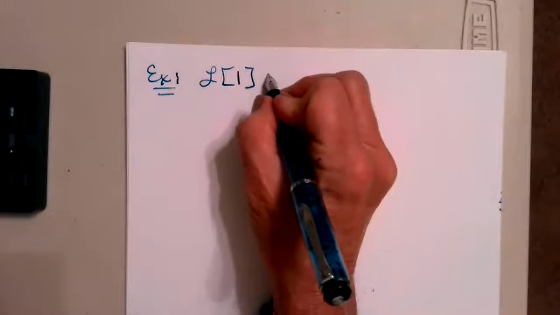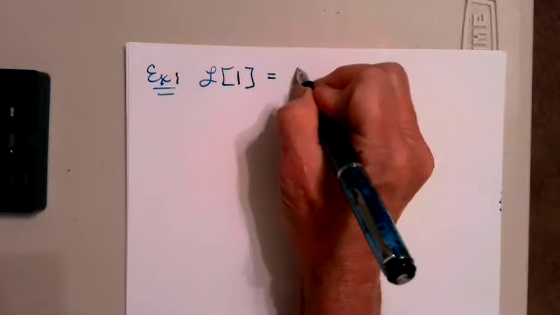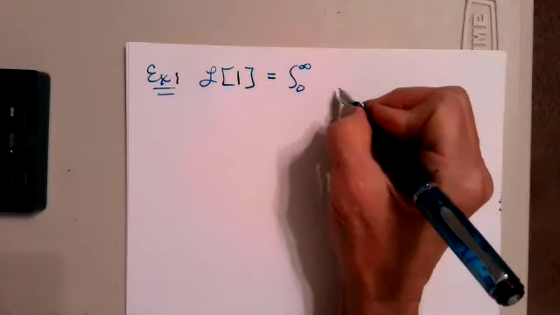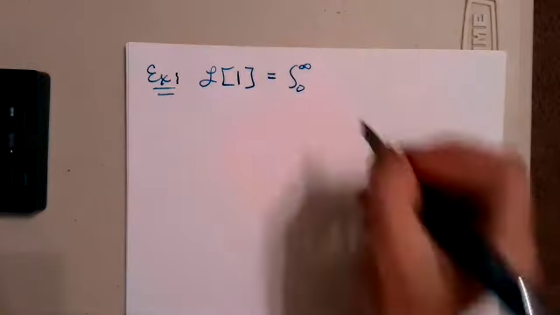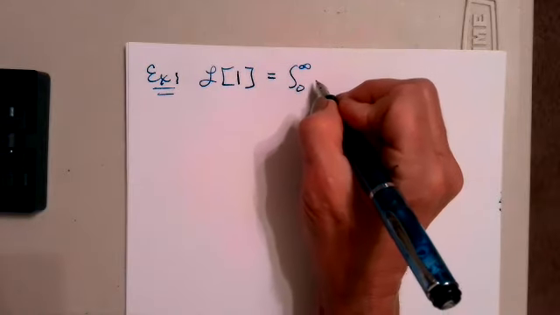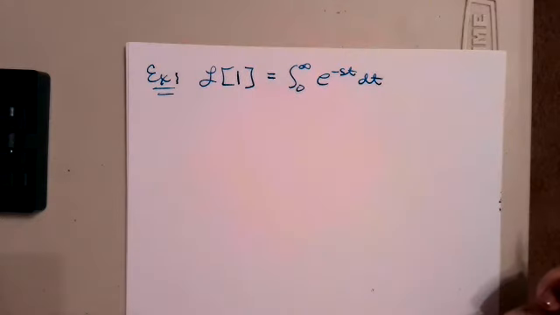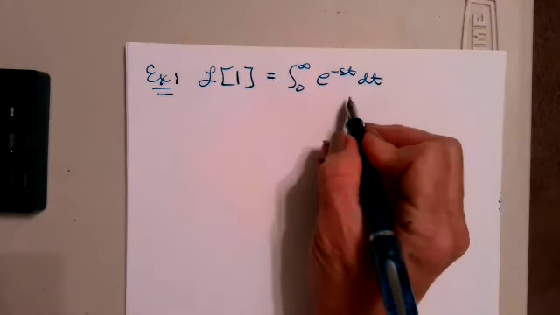Okay, so let's do the Laplace transform of 1. So we have the integral from 0 to infinity of 1 times e to the minus st dt. Okay, because I multiply by 1.